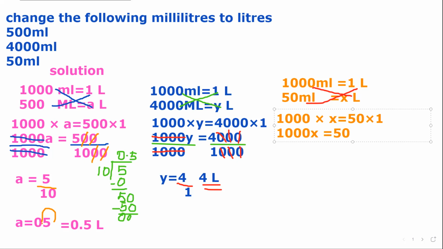Because we want to find the x, not 1,000 x, we divide both sides by 1,000. Let me bring my division sign here. Divide this side by 1,000, here too by 1,000. Now, this 1,000 will cancel this 1,000. Now, x is free. The last 0 here will take out the last 0 here.